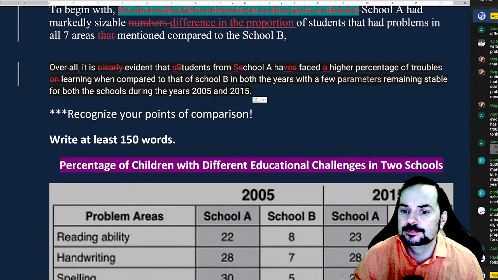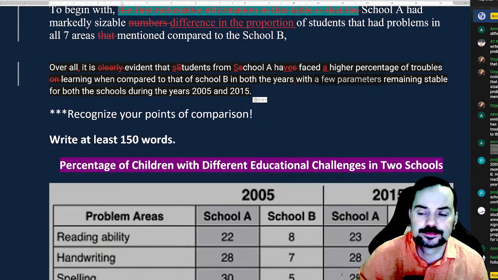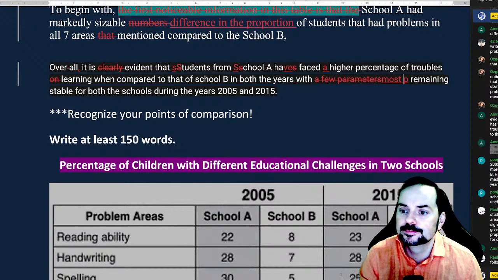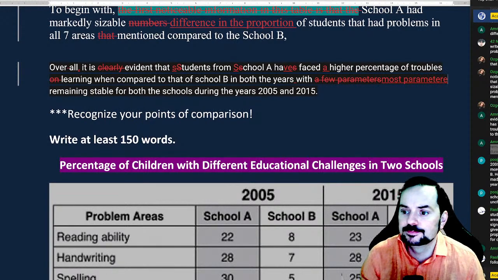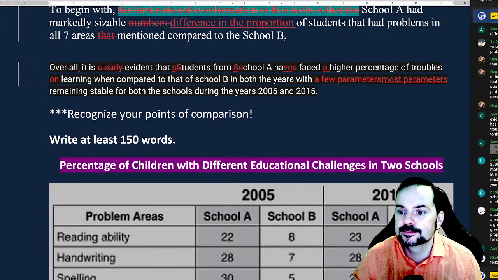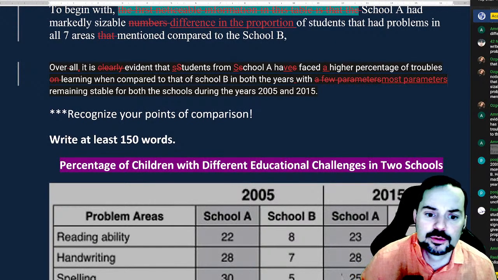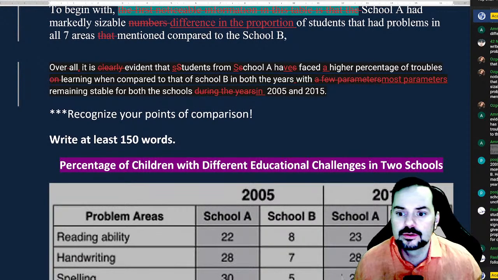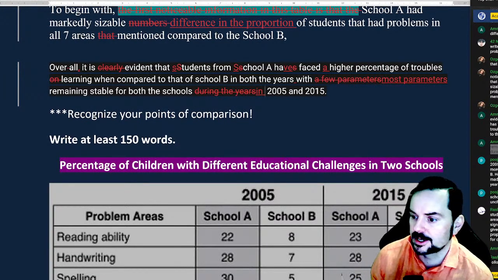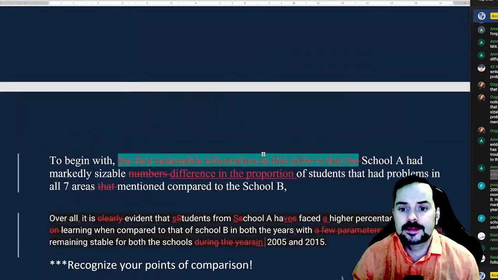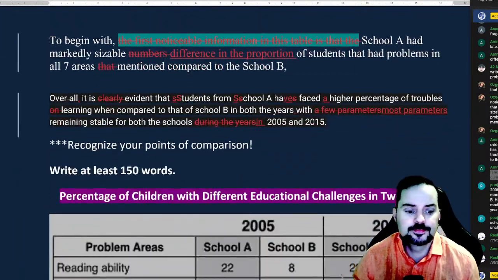So with most, you can say parameters, sure, remaining stable for both the schools in 2005 and 2015. Don't overcomplicate, okay, Amu, so keep it simple. All right, good. So that's good. We're looking good, all right.